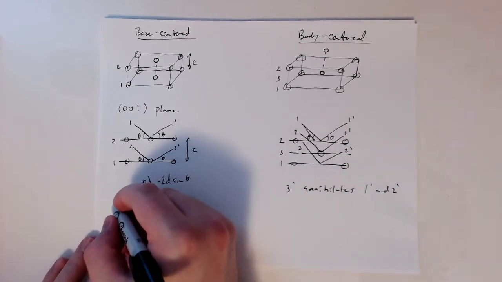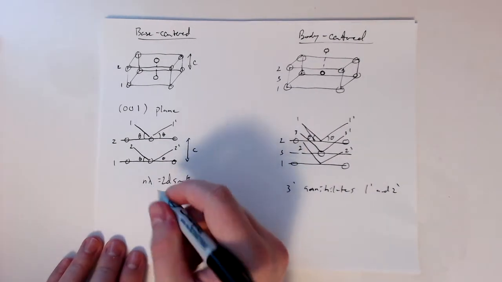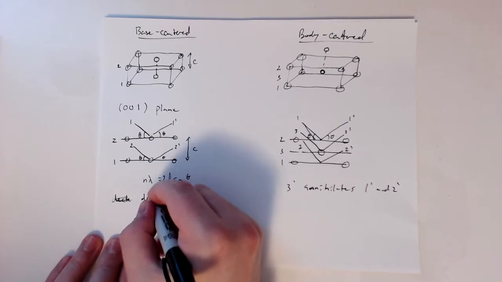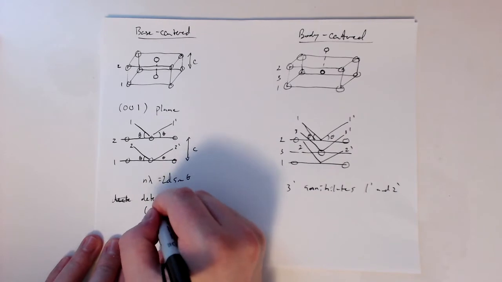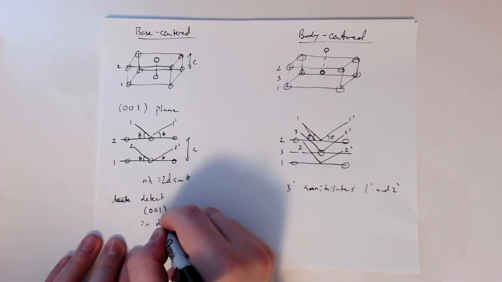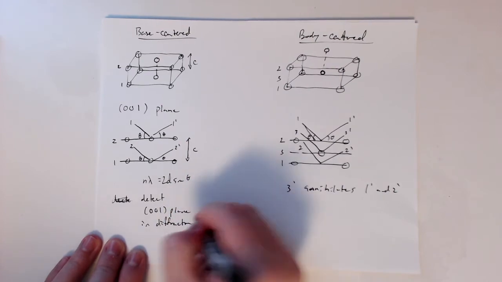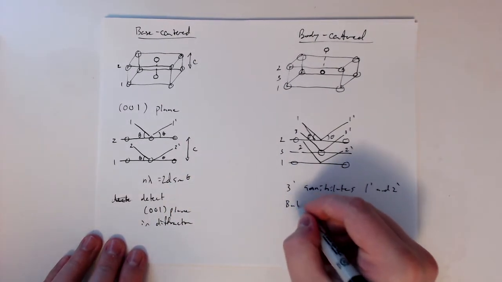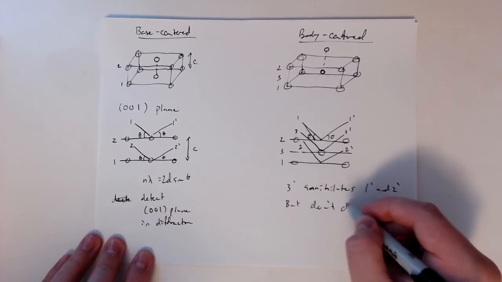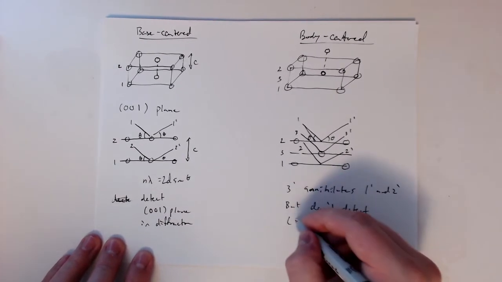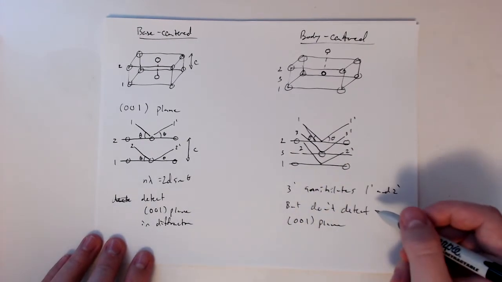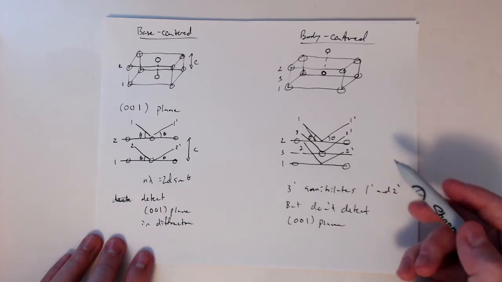So in this base-centered, we do detect the 001 plane in diffraction. But for the body-centered, we don't detect the 001 plane because it's getting canceled out by the midplane here.